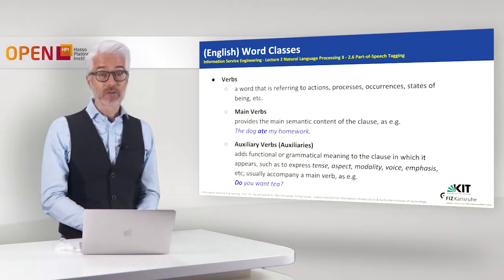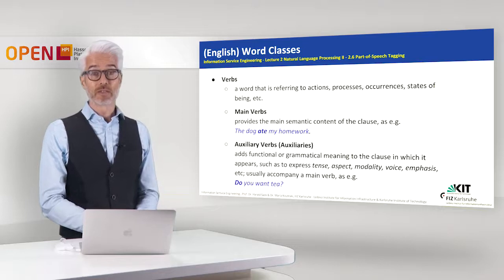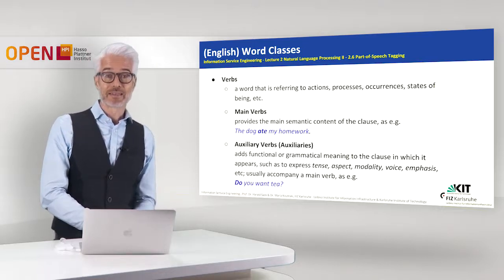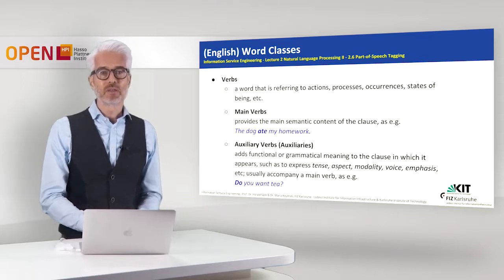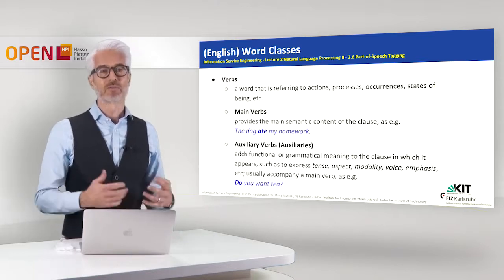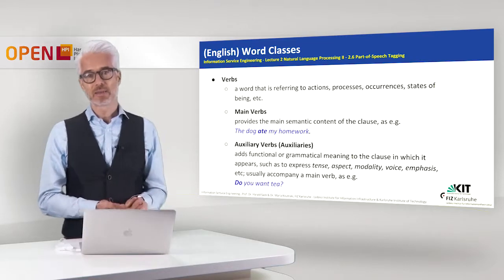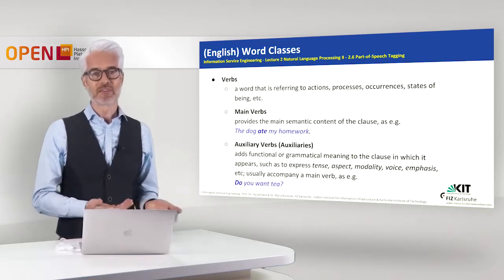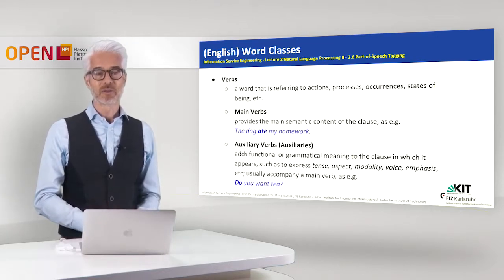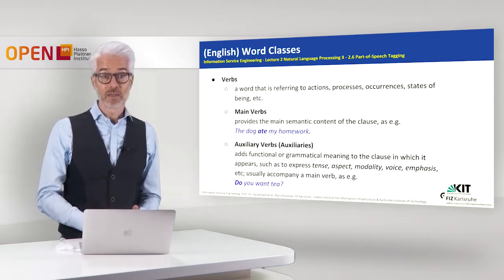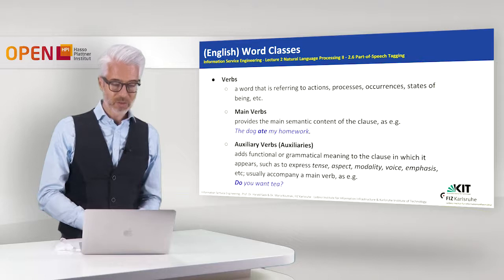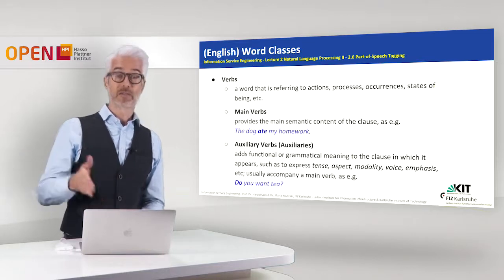And then we have so-called auxiliary verbs or auxiliaries, and they add some functional or grammatical meaning to the clause in which they appear, such as to express tense, aspect, modality, voice, emphasis, and so on. A typical auxiliary is do, and in the case of do you want tea, it expresses an auxiliary grammatical meaning. So we distinguish main verbs and auxiliary verbs.